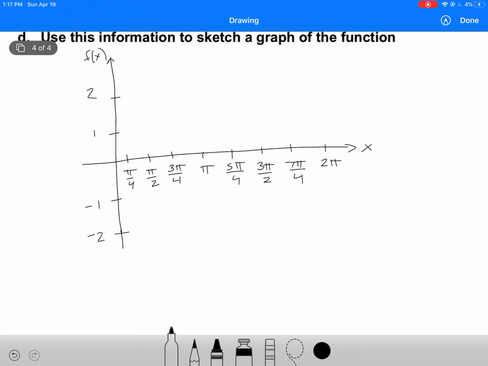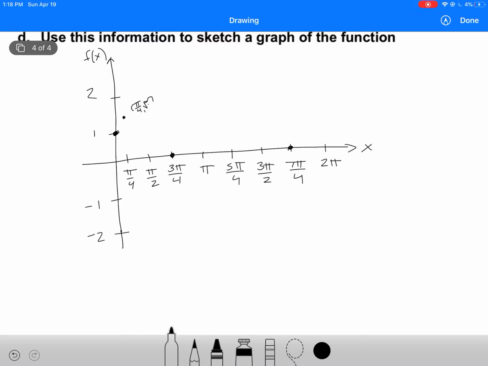Okay, so now my first point that I know is my y-intercept. I'm going to put that right here at 0, 1. I also know my x-intercepts at 3 pi over 4 and 7 pi over 4. The next thing I'm going to put on is my relative max at pi over 4 and root 2, somewhere around here.